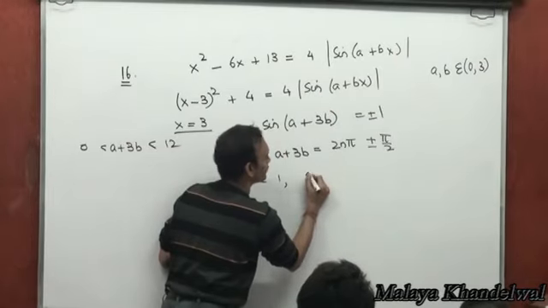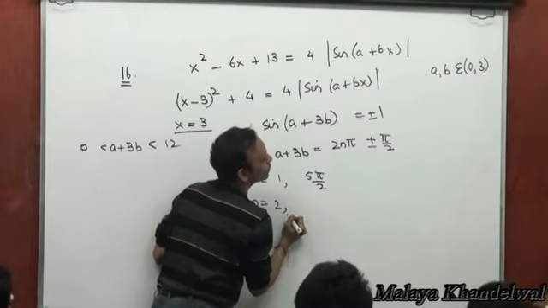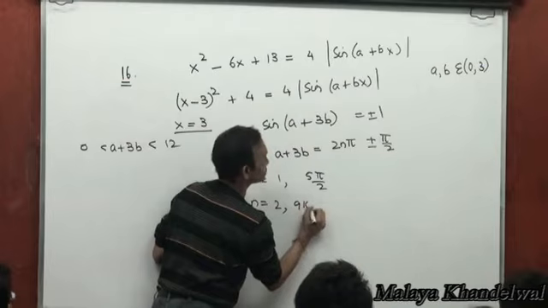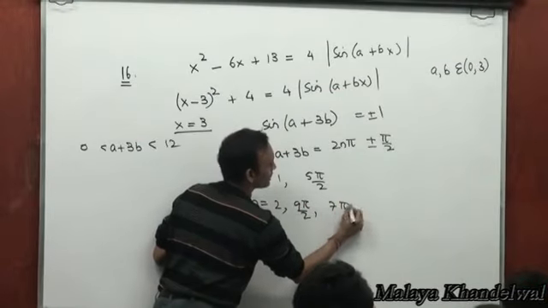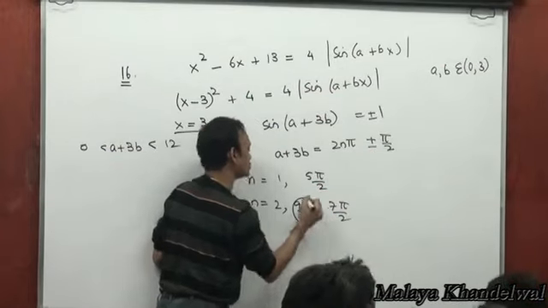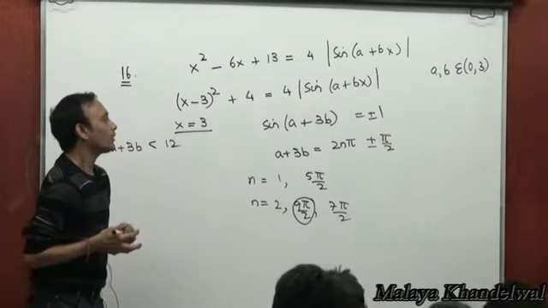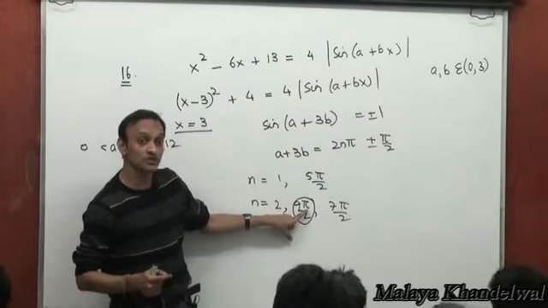So if you put n equal to 1, 5 pi by 2. If you put n equal to 2, 4 pi, 9 pi by 2, and then there is a 7 pi by 2 if you take the minus sign. But 9 pi by 2 will not fit the bill, because this is greater than 12.